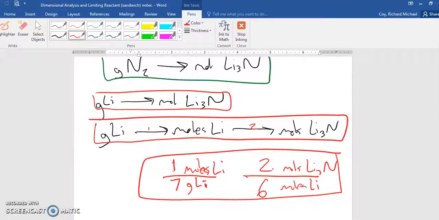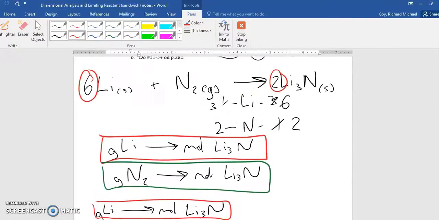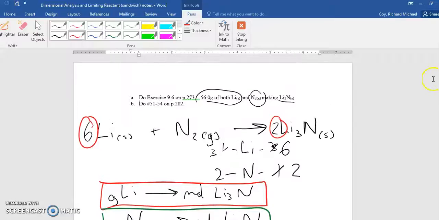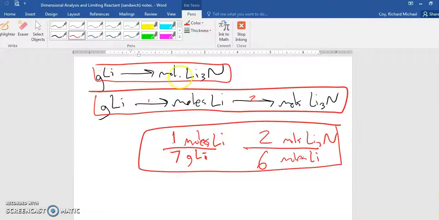Now there's your tool. So now what you've got to do is take what you started with, which was 56 grams of lithium. And we're going to see if we can turn those grams of lithium into moles of lithium nitride by first going grams of lithium to moles of lithium, then to moles of lithium nitride. So start over here, 56.0 grams of lithium.